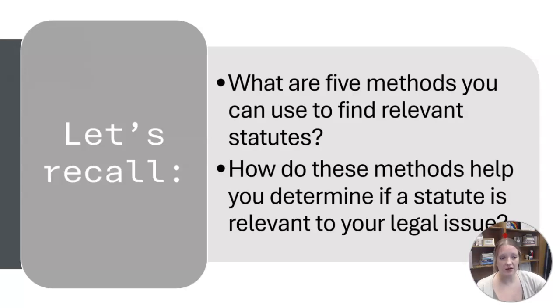We talked about how you may have the popular name of an act and not the formal name in its entirety. So, for example, Obamacare rather than Affordable Care Act. You can use the popular name table to look for Obamacare, and that will ultimately take you to the Affordable Care Act. We also talked about using finding tools like the index.